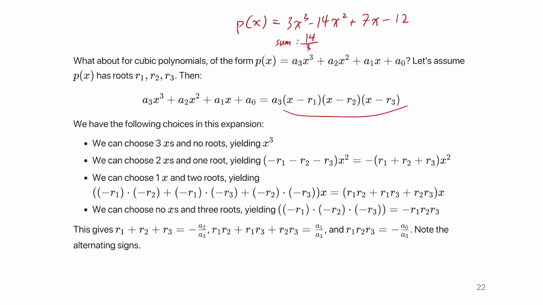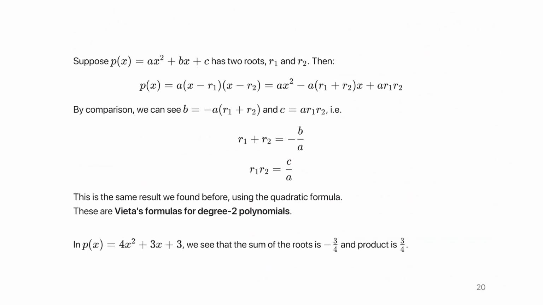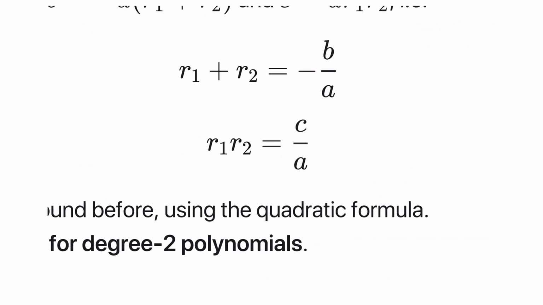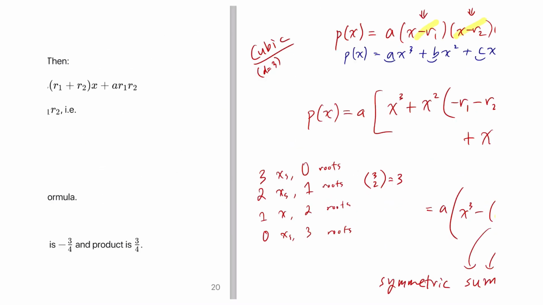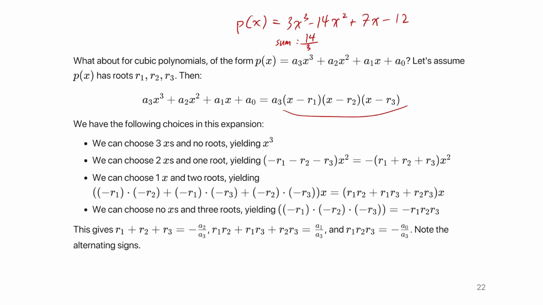Is that clear? And then what's the product of the roots? Well, the sign of the product alternates. Remember, in the degree 2 case, r1 times r2 is just the last coefficient divided by a. But in the degree 3 case, it's negative. That's because the polynomial itself is of odd degree, and the signs alternate.